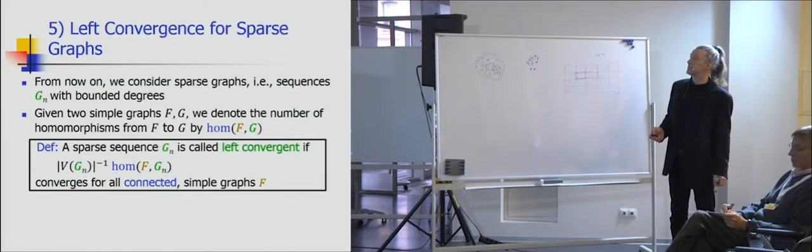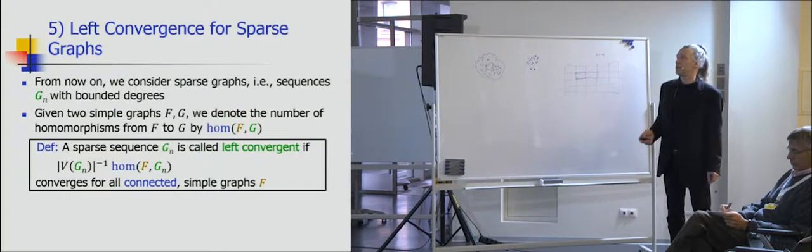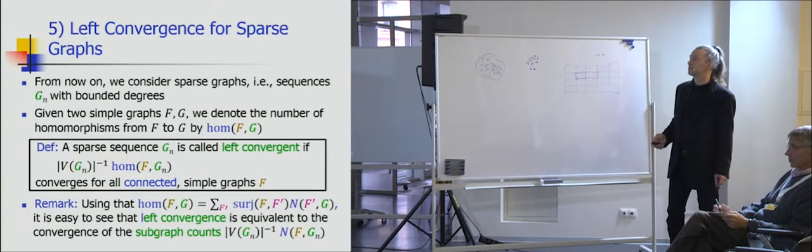Okay, so we say that a sparse sequence is called left convergent if 1 over the number of vertices times this number converges for all connected simple graphs.